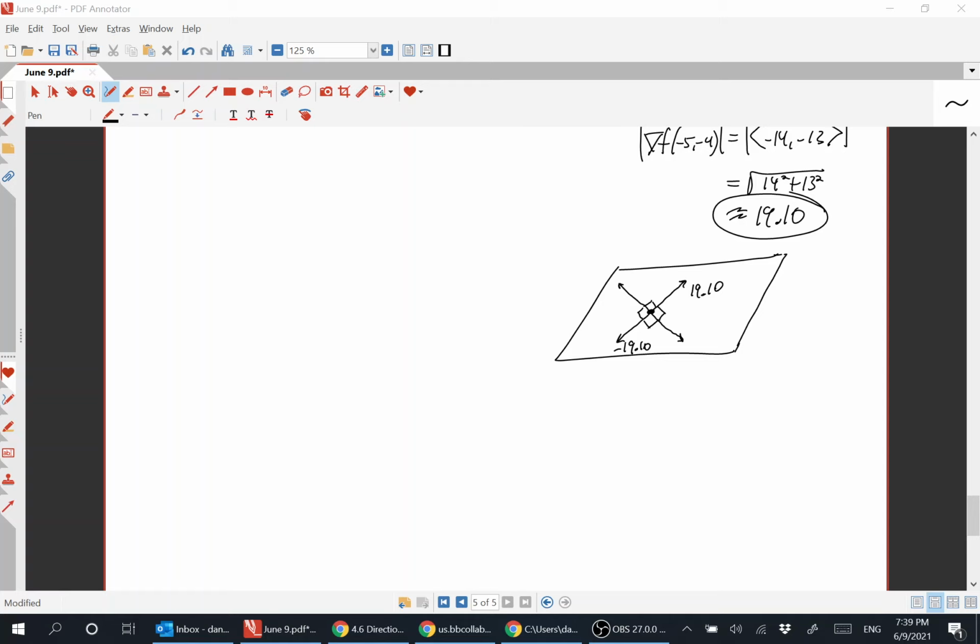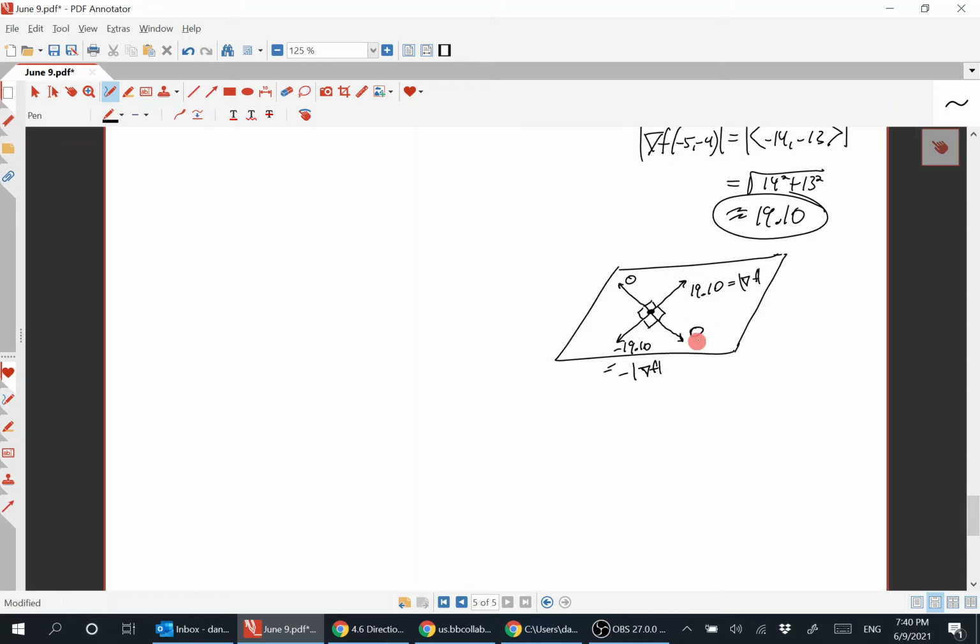What's the cosine of 90? Right, 0. So this is the length of the gradient. This is the negative of the length of the gradient.